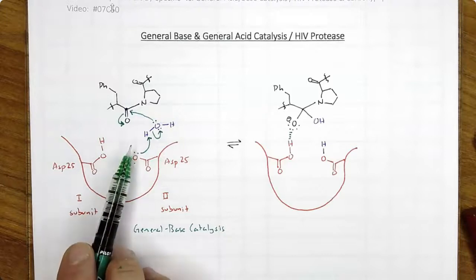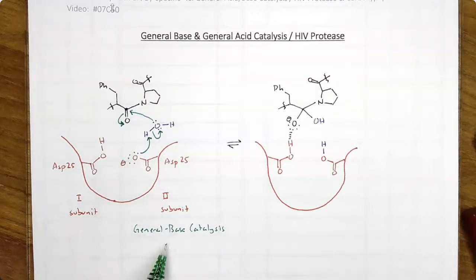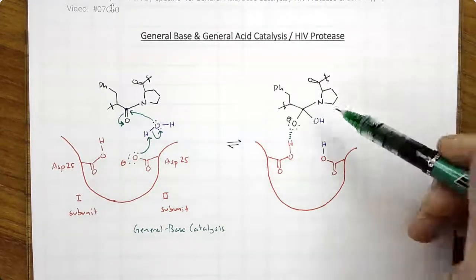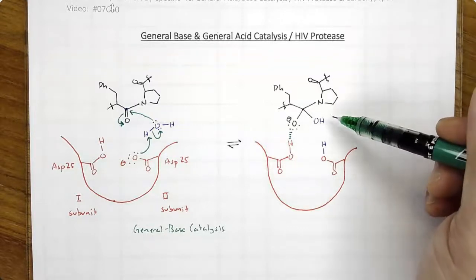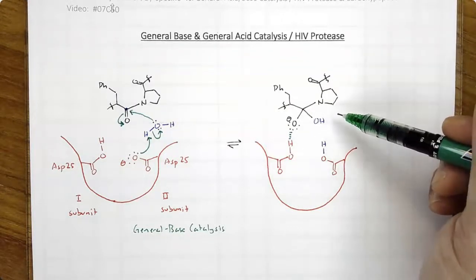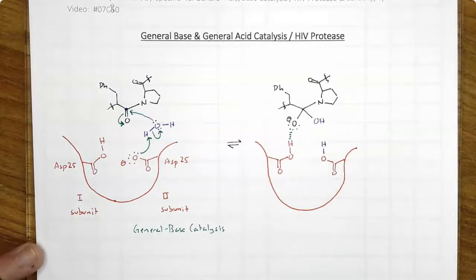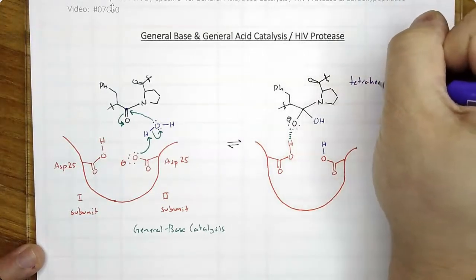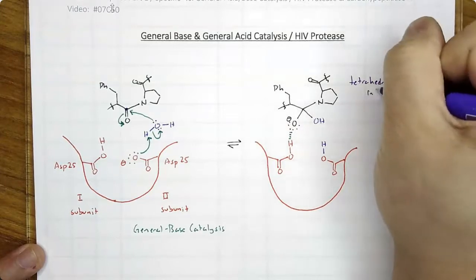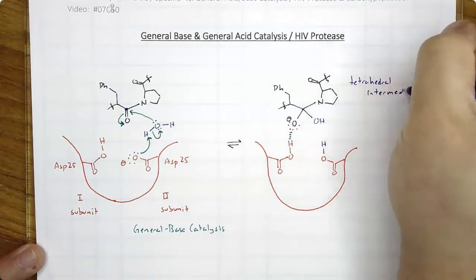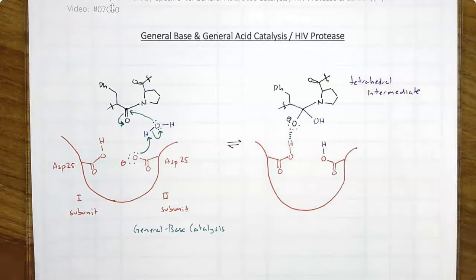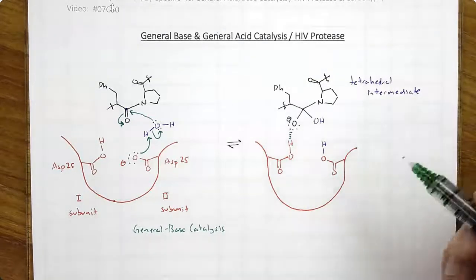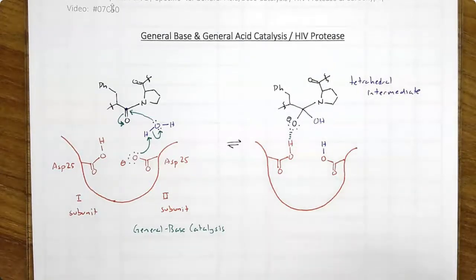Okay, after the first step where general base catalysis happens, the resulting substrate is a tetrahedral intermediate. Let me write that down. But then as it progresses in this reaction, it becomes a transition state.